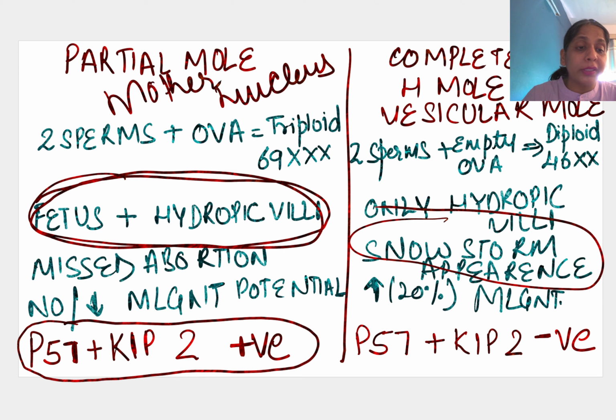It can be possible that the technician didn't put the fetus inside. So we want a confirmation whether this is partial or complete, and we undergo P57 and KIP2 staining. If they are positive, it means the maternal nucleus is there, so it is a partial mole. If it's negative, then it is a complete mole, with high chances of becoming malignant soon.